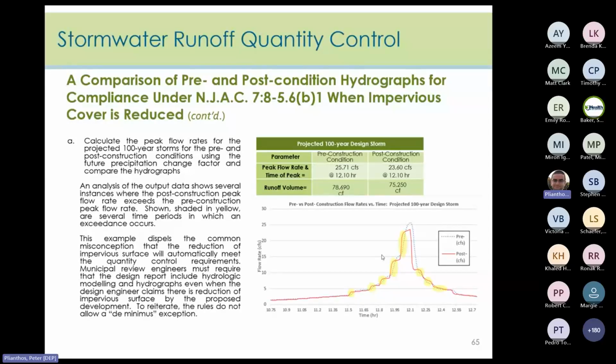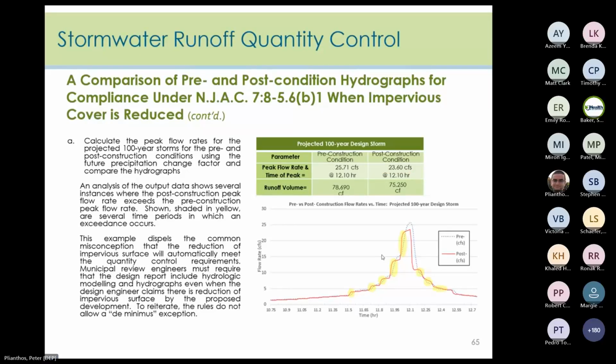And that gives us a P2 of 3.86 inches. So based on the results in the table, it looks like the post-construction conditions are less than the pre-construction conditions because the peak flow rate and the runoff volume are less.